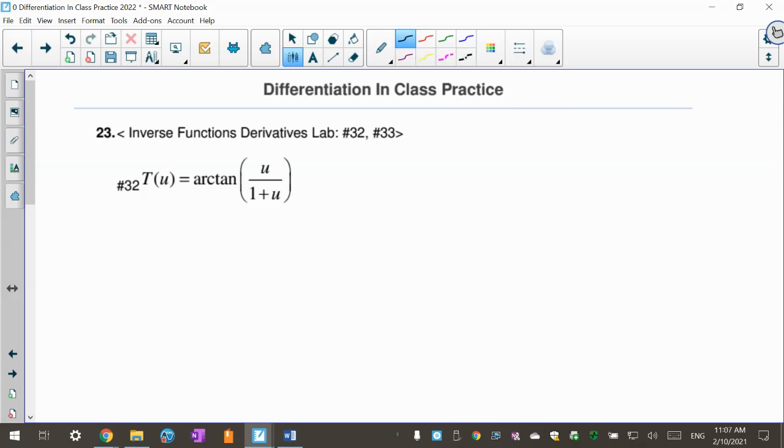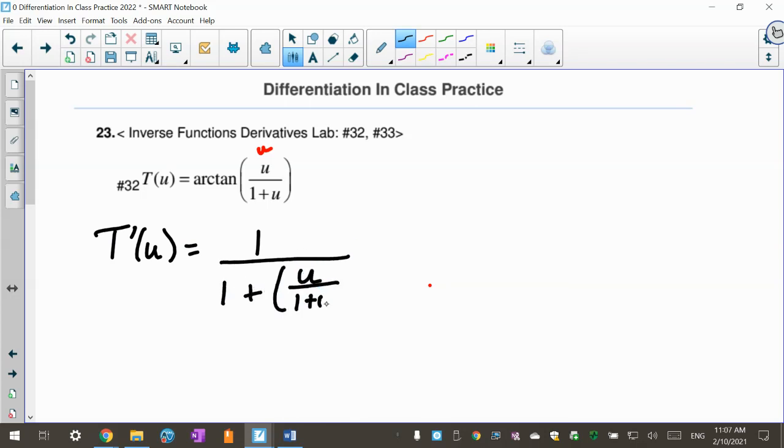Okay, so the first thing I'm going to do is I always tell people to kind of call this u, if you want to, even though there's u's in it. So t prime of u is going to be 1 over 1 plus u squared, which is this whole fraction squared, times u prime. Now, u prime is the quotient rule.